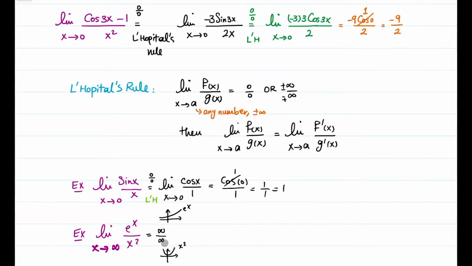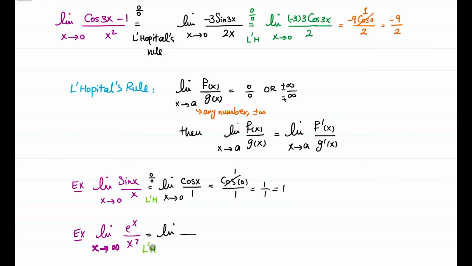So I get infinity over infinity, one of the cases in L'Hopital's rule. It's indeterminate, and I can use L'Hopital's rule. So let me erase this part.